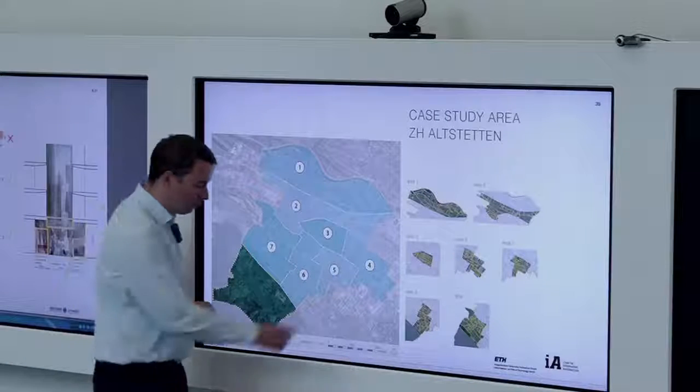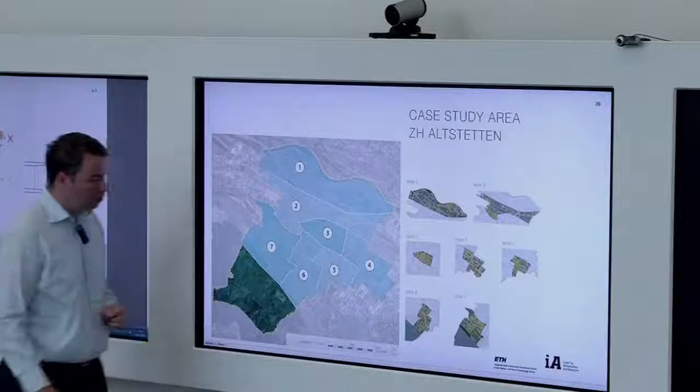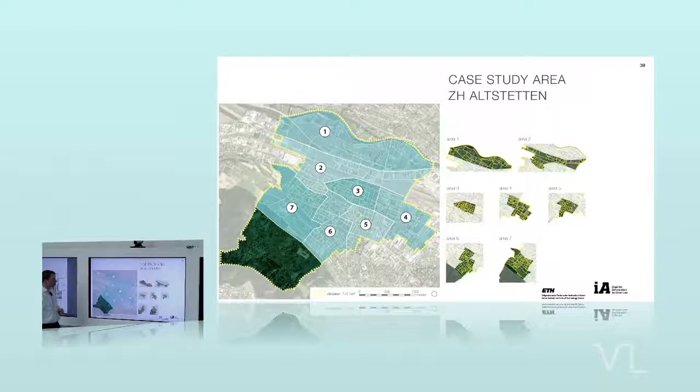And we have parts like 4 and 5, which are definitely more high density. And then we have very interesting pieces like this area where we have family house hut units like the Schrebergärten, special water treatment plants, high density housing here, and some industry as well. So these are the 7 areas that you will work on.